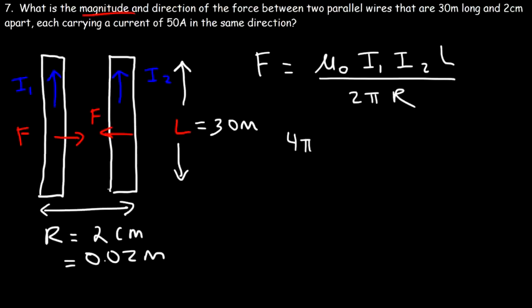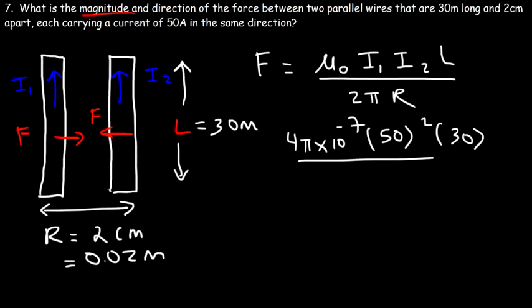So it's 4 pi times 10 to the minus 7 times 50, which we can write as 50 squared, times L, which is 30 meters, divided by 2 pi times the radius of 0.02 meters. Now 4 pi divided by 2 pi is going to be 2. So it's 2 times 10 to the minus 7 times 50 squared times 30 divided by 0.02.